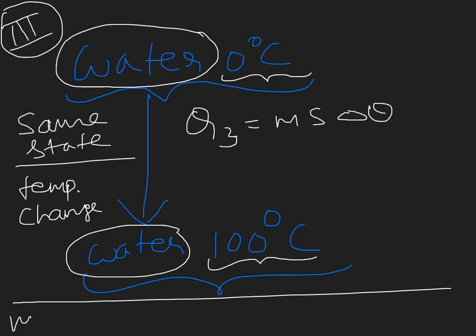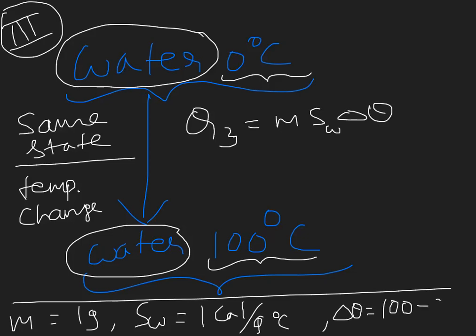We know that mass is equal to 1 gram. And specific heat, this is water. What is specific heat of water? Yes, we have to remember this value, 1 calorie per gram degree centigrade. And delta theta means difference in temperature. Finally is 100, initially 0.